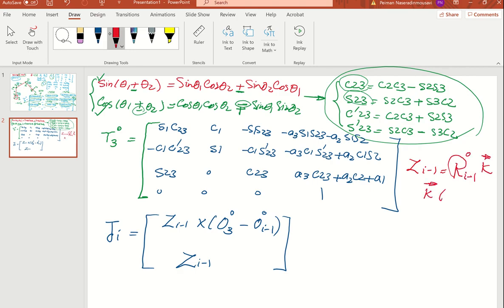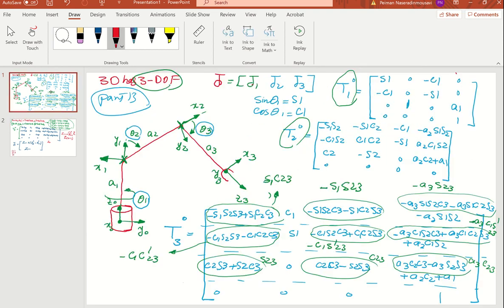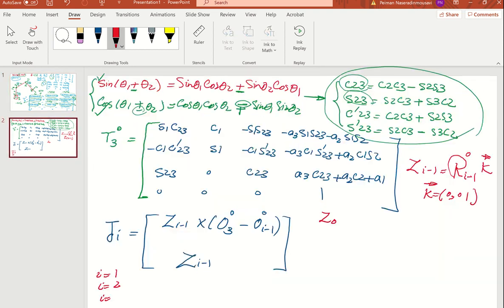K is, for God's sake, 0, 0, 1. Remember we did. So by that, if you say i is 1, 2, and 3, why? Because we need J1, J2, and J3. If i is 1, so Z0 is obviously 0, 0, and 1, because it is R of 0 with respect to 0. It is the identity matrix times K.